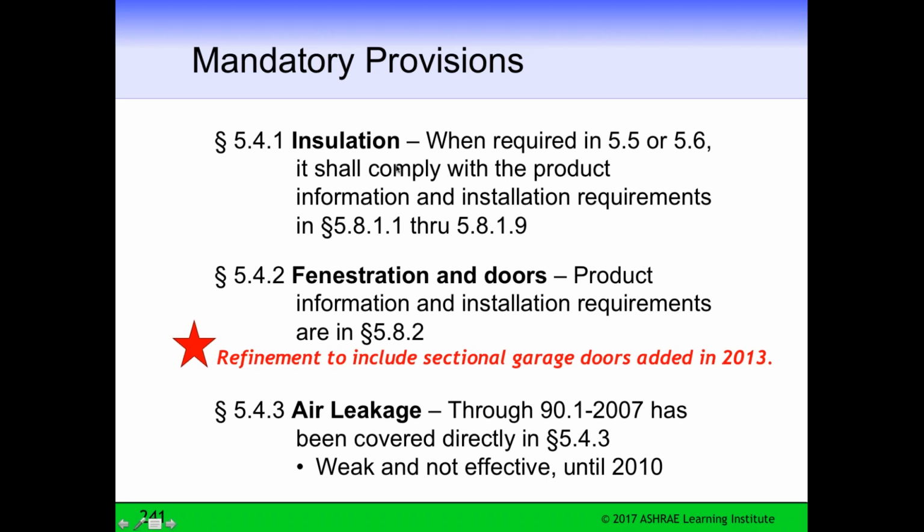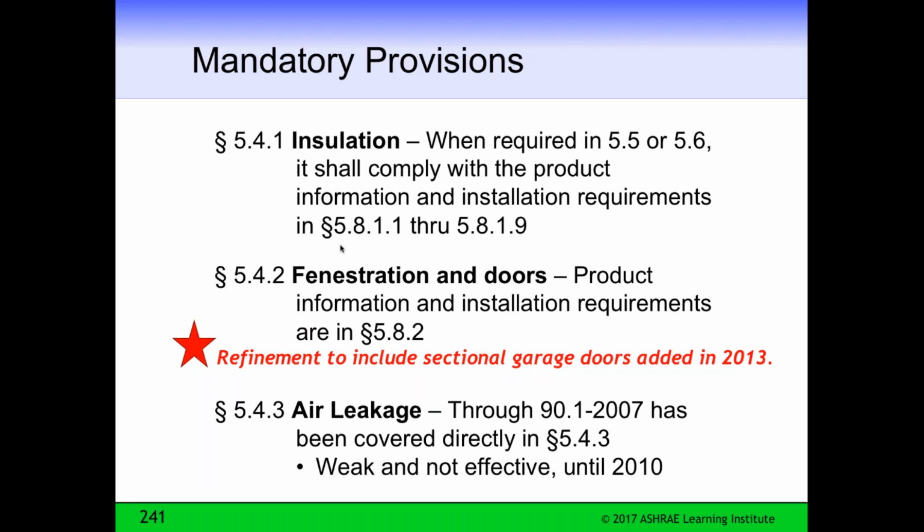For insulation, there are some requirements about the installation of the insulation and what the product information is, and these sections of the standard tell you what they are. There are also requirements for product information and installation requirements for fenestration and doors. And this even includes sectional garage doors.